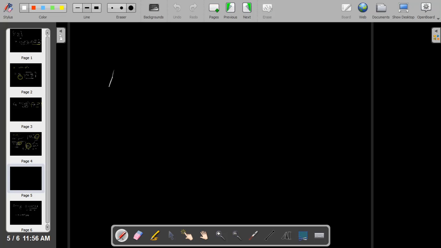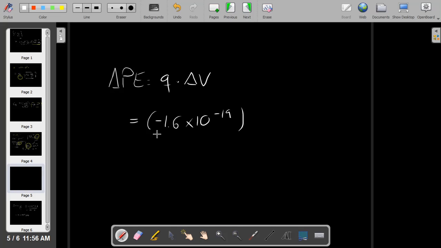The change in potential energy, we said that was our charge multiplying our change in electrical potential. So let's put that information in. Equals. The movable charge here is your electron, and they give us the charge for that: negative 1.6 times 10 to the minus 19. Remember that we are keeping the magnitude.